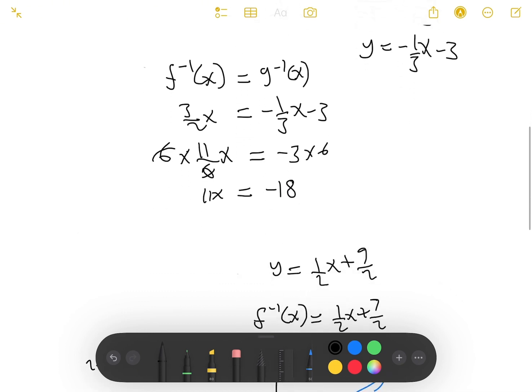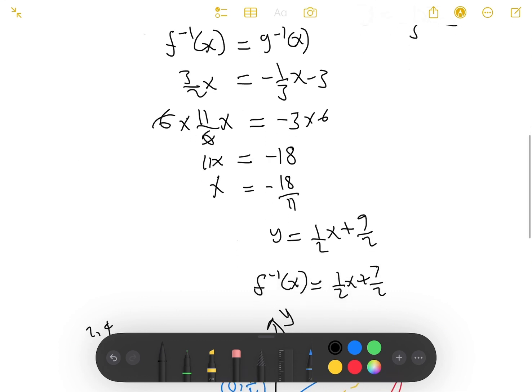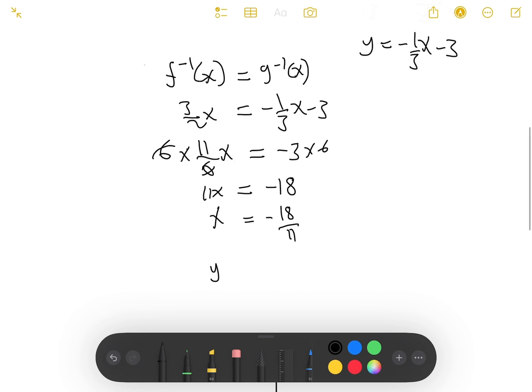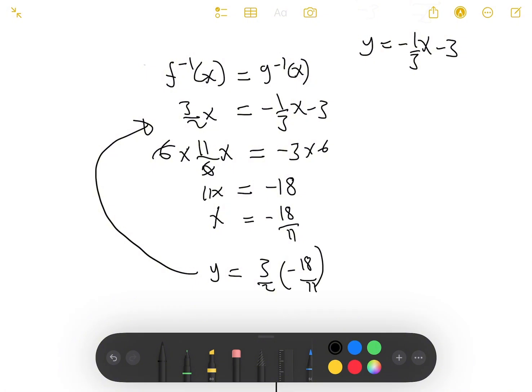Okay. Therefore, what is x? X is equals to negative 18 over 11, right? So from this, we know the x-intercept at which they meet, but then what is the respective y? We know that y will basically be 3 over 2, right? And then what is x? Negative 18 over 11.